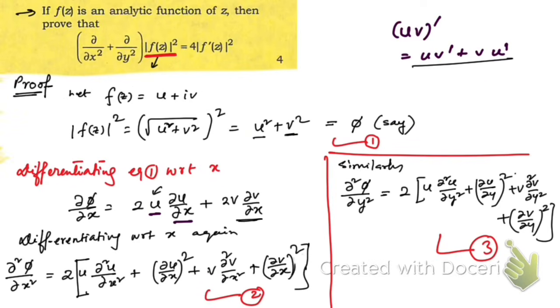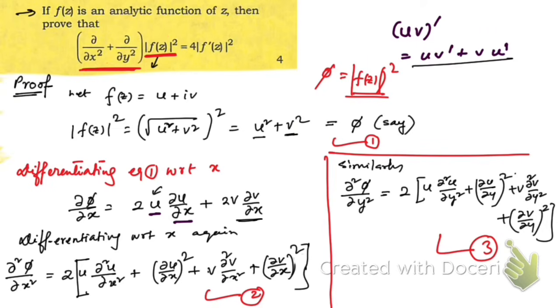Here you see on the left hand side we have this del x square del y square, right? And here we have plus, and phi is nothing but mod of f of z, square of mod of f of z, right? So this is nothing but phi.